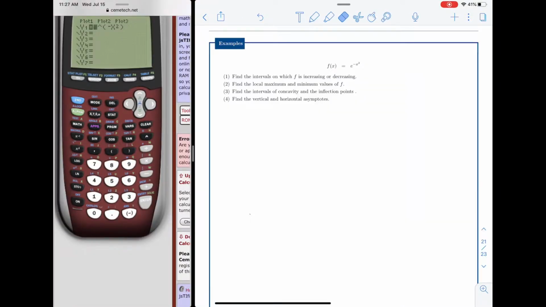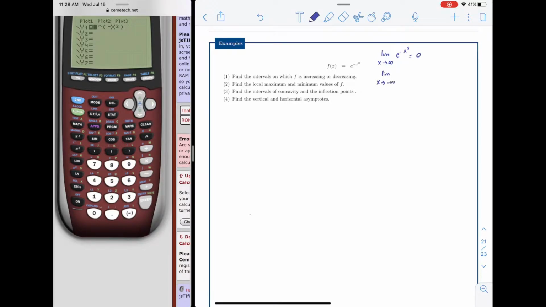So what we have here is e raised negative x squared. And clearly this particular function would have asymptotes because we have exponentials. So when limit x approaches positive infinity, the exponent is x squared, so the power would always be positive, and e raised a negative positive number has to approach 0 as x approaches infinity.